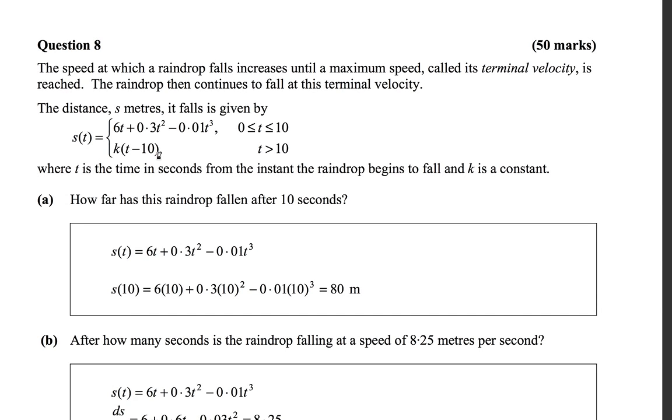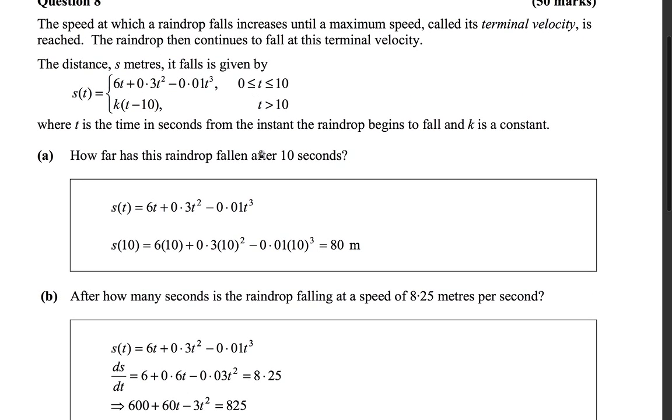After that, it's the same velocity. It's constant velocity, so k for constant. But it turns out you don't actually need to use this function, this one here, at all during this. This is just to cover their tracks to show that it's terminal velocity after 10 seconds.